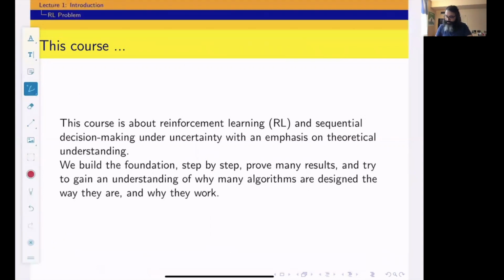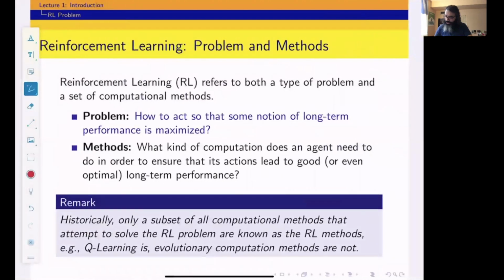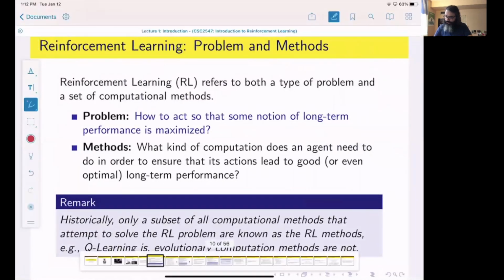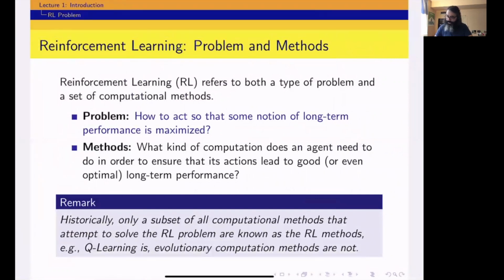Okay, so this is the course. So let's just build it step by step. Maybe we can start from reinforcement learning as a problem and reinforcement learning as a bunch of methods. People sometimes say that, oh, that problem is a reinforcement learning problem. Sometimes they would say, let's use an RL method to solve this problem. So I guess it's good to distinguish between them.